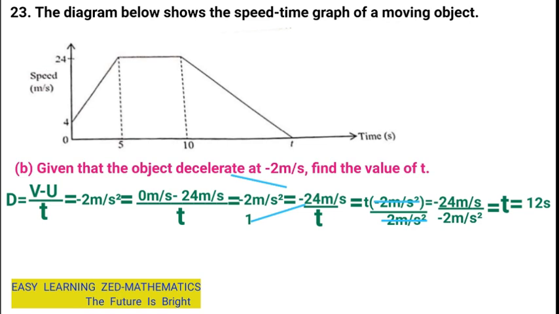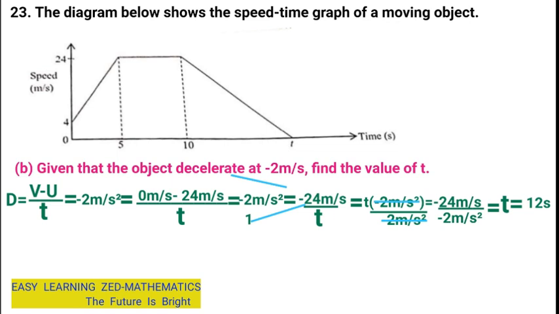It took 12 seconds, so now I'm going to add 10 to 12 to get the final time, because this is just the time of the triangle on the right side. I want the total time for the whole shape: the trapezium, the rectangle, and the triangle on the right side.